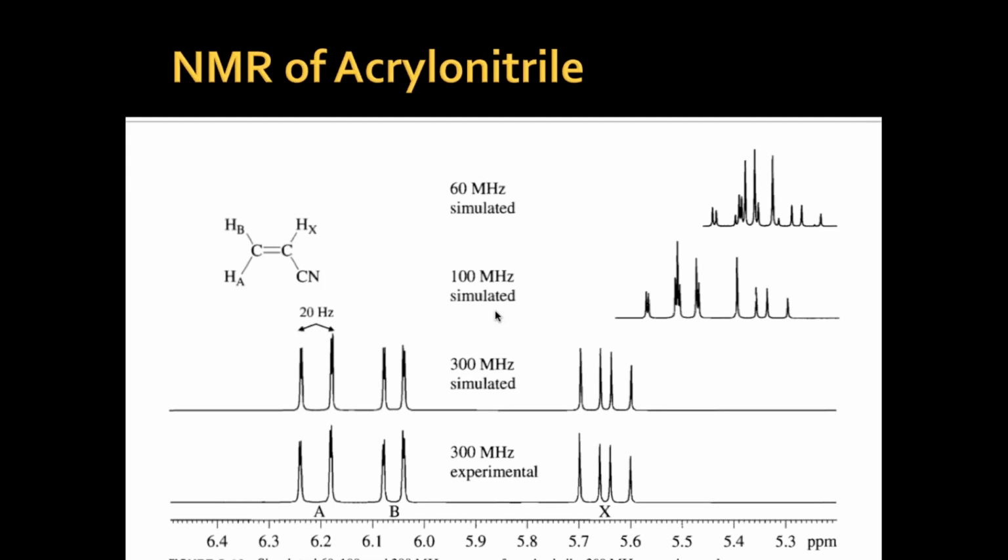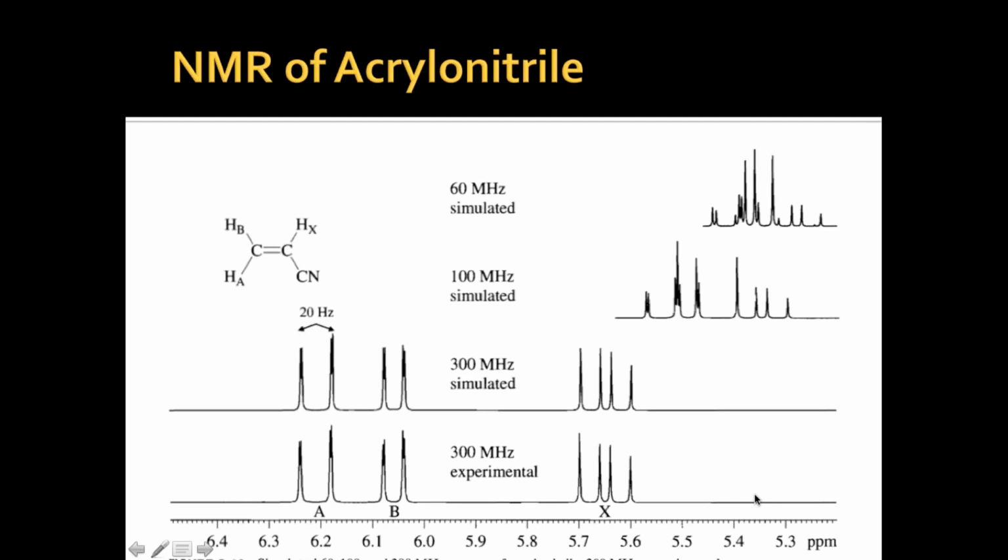See, 60 megahertz, you can see here, right? I have given you all the spectra of different frequencies of acrylonitrile. See 60 megahertz, how the spectrum looks. 100 megahertz, how the spectrum looks. 300 megahertz, how the spectrum looks. You can see the difference, right?